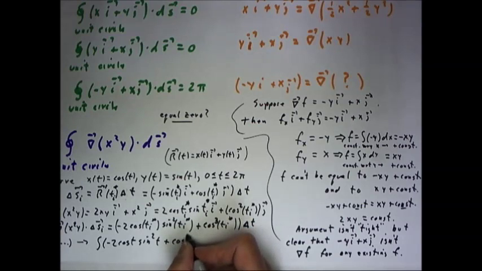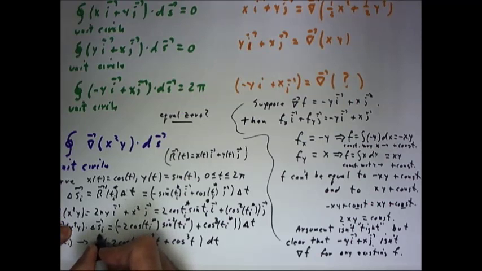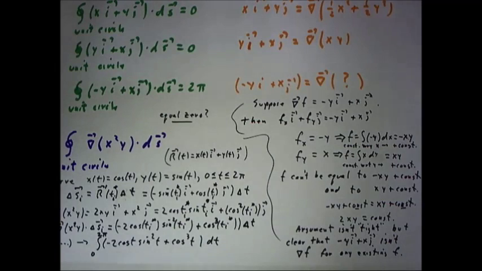Okay, so that's going to be cosine cubed of t dt, the integral going from 0 to 2 pi.